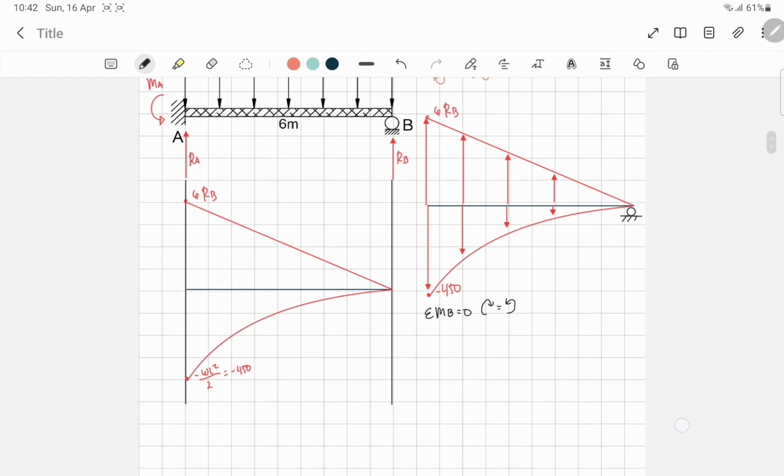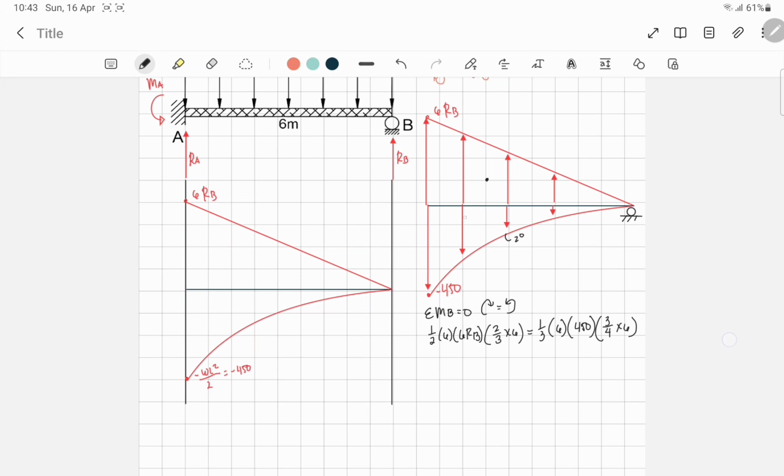Let's take the upper triangle: 1/2 times the base of 6 times the height of 6 RB, and then its moment arm. Its centroid is probably here, 2/3 times 6 meters. Then we have the counterclockwise moment. This is a second degree curve: 1/3 times 6 times 450, times 3/4 of 6.